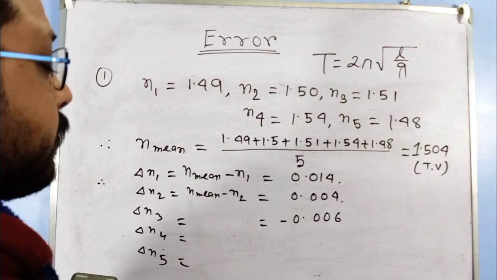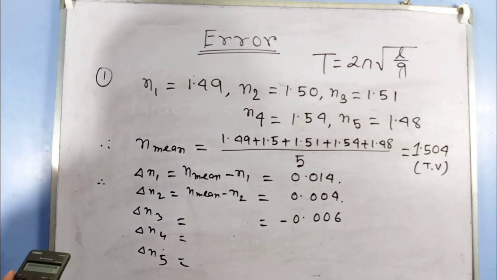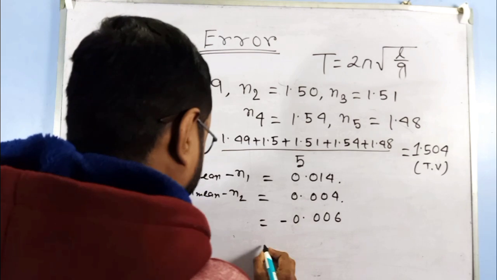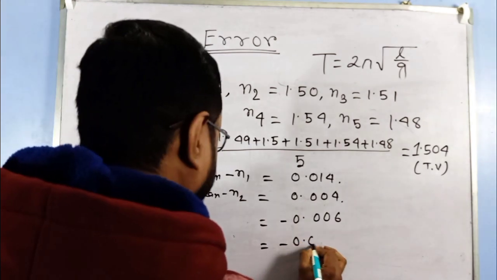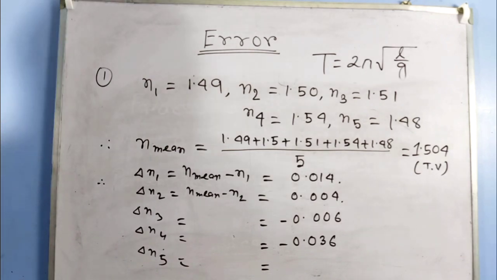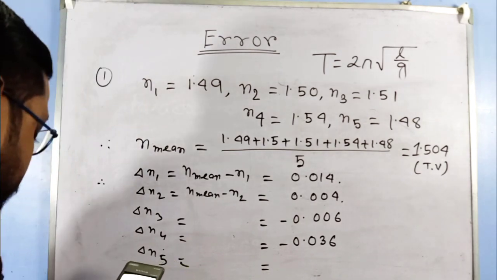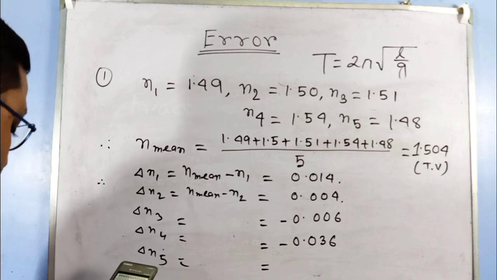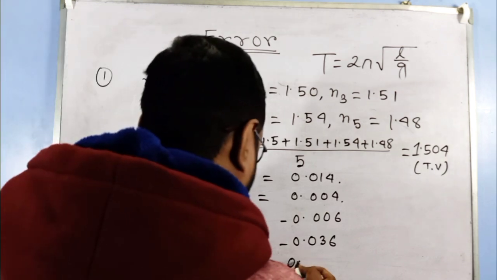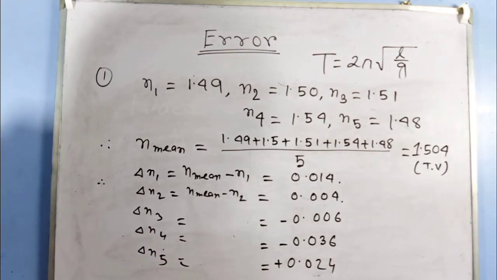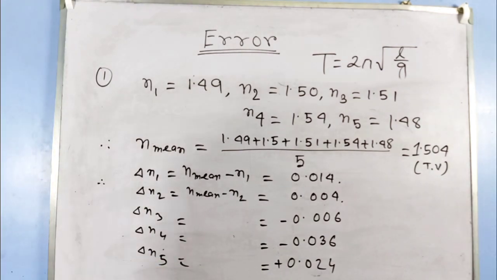Delta n4 is 1.504 minus 1.54, so we get minus 0.036. The value of delta n5 is 1.504 minus 1.48, which is 0.024 with plus.